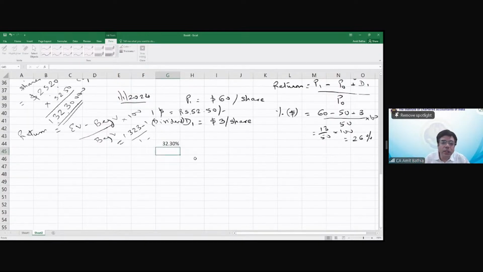What are those two elements? One is stock return. Stock return, how much is it? 26%. Am I right? Currency depreciation, how much is the return from it? Are you asking about the depreciation rate? How much depreciation has occurred in the currency? 50 became 52.50. Am I right?